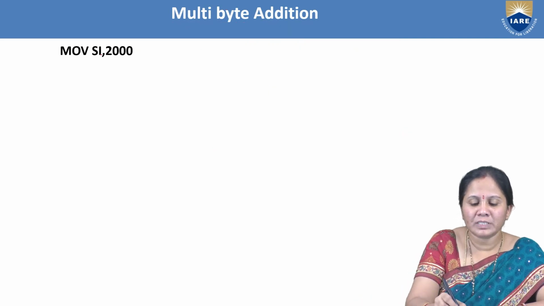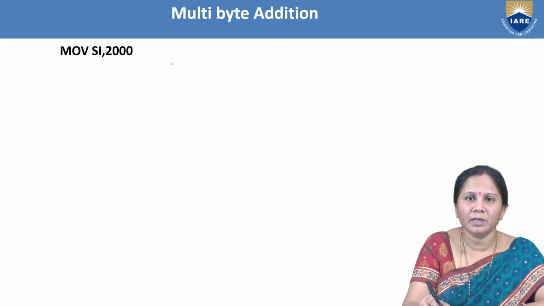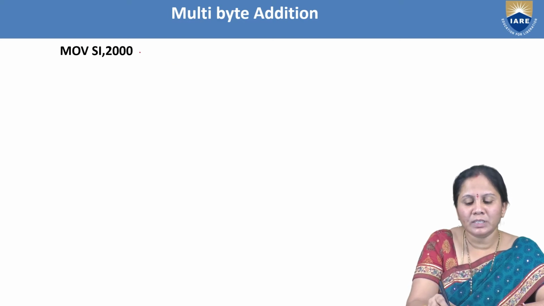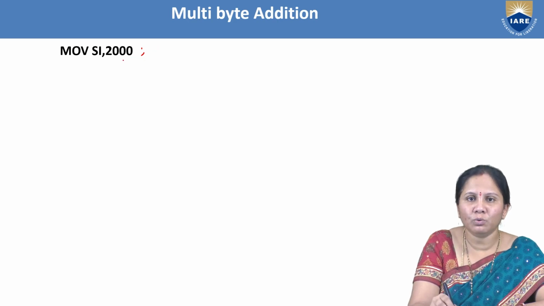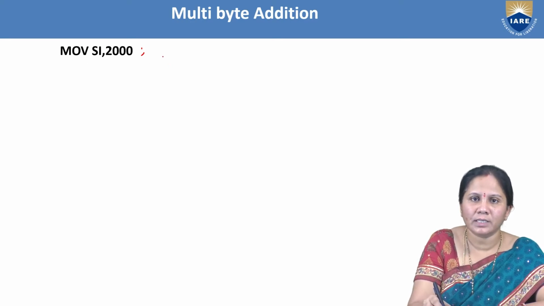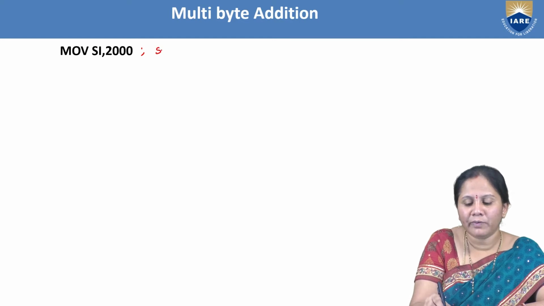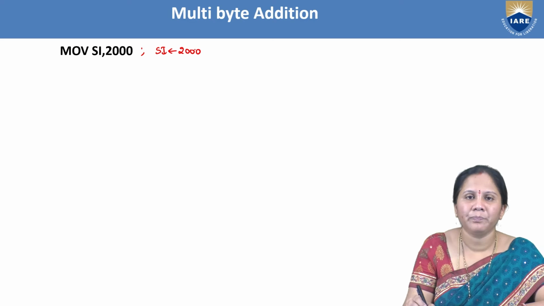Now, the first instruction is MOV SI, 2000. When this instruction is executed, the value 2000 will be loaded into the SI register, or the value 2000 will be moved into the SI register. Now the value of SI will be 2000.